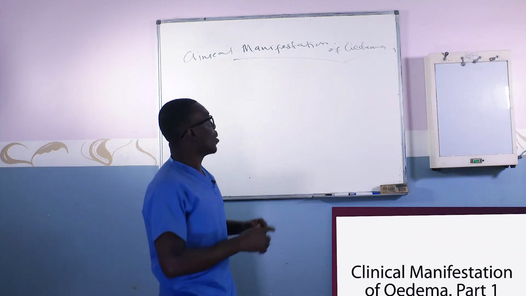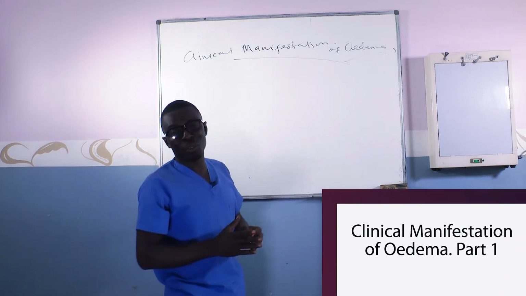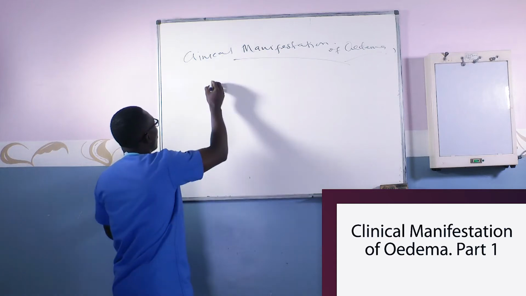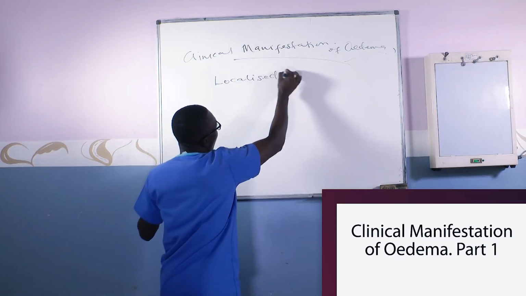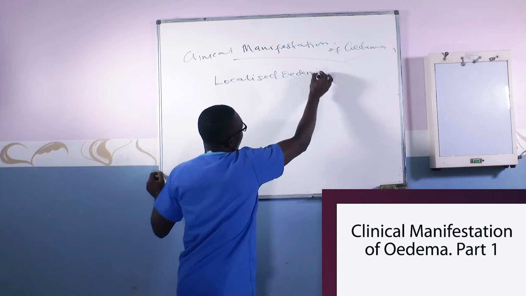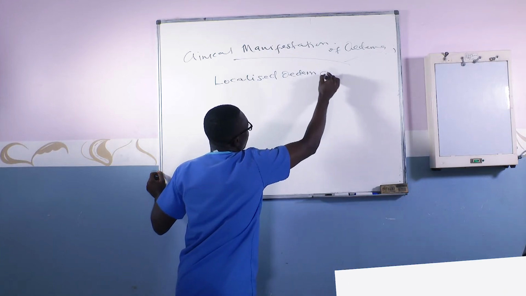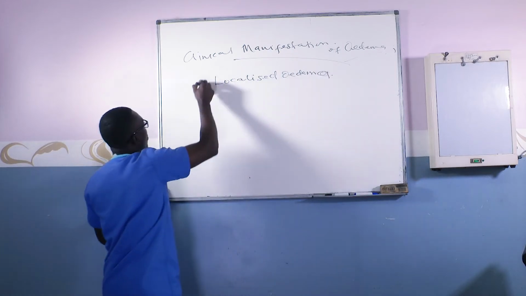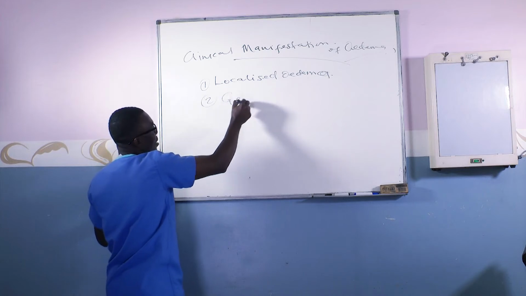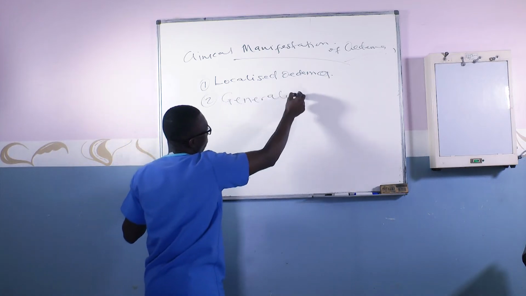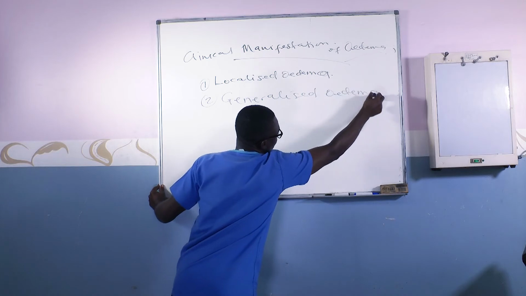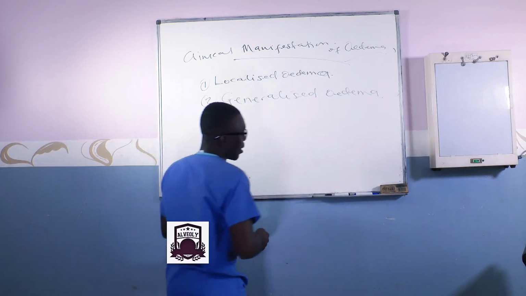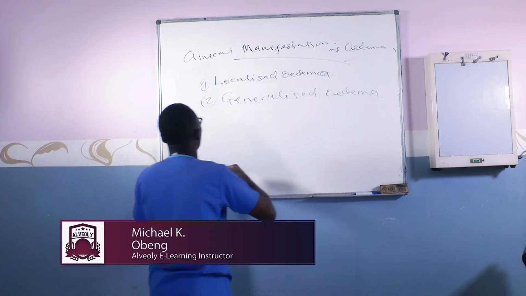However, we can group how it presents itself into 2 parts. So we have 1, localized edema, and generalized edema. So let's look at the first one, which is localized edema.